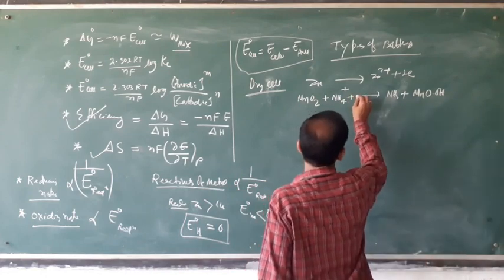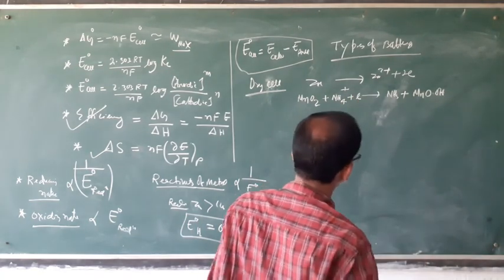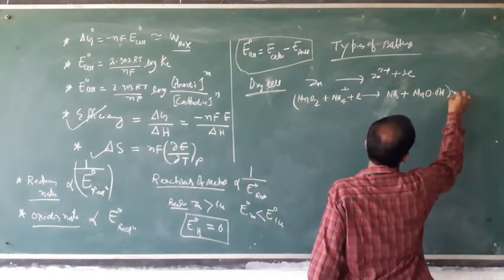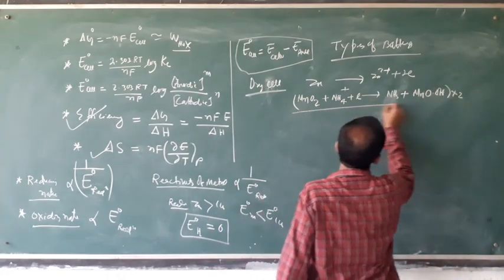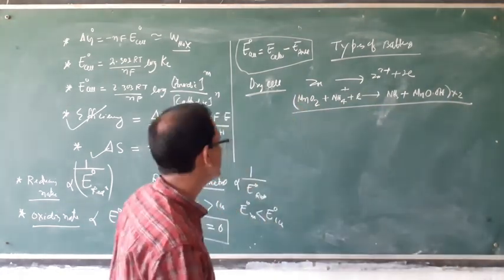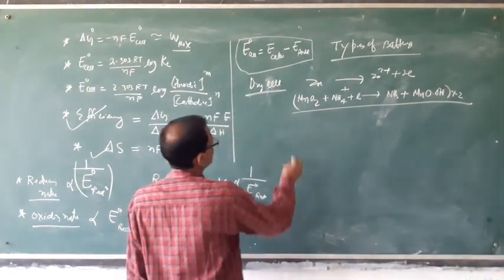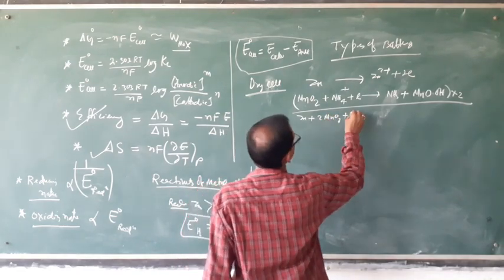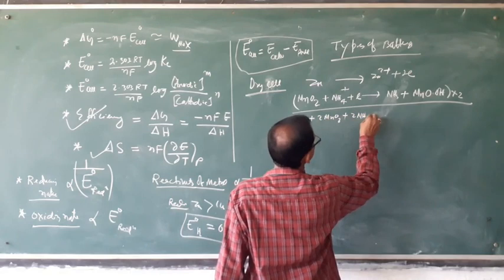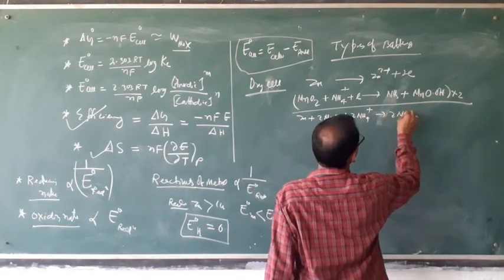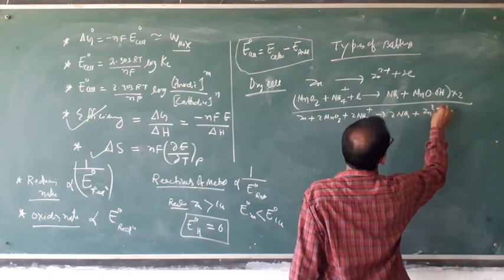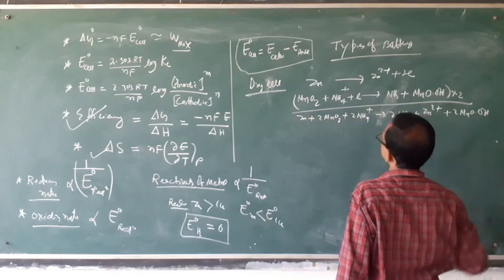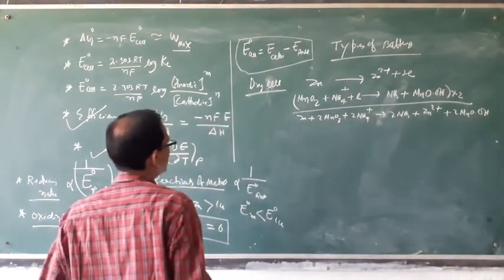Here 1 electron, so you have to multiply by 2. Then if you add, you get the final equation: Zn plus 2MnO2 plus 2NH4+ gives 2NH3 plus Zn2+ plus 2MnO(OH). So this is the final equation of the dry cell.